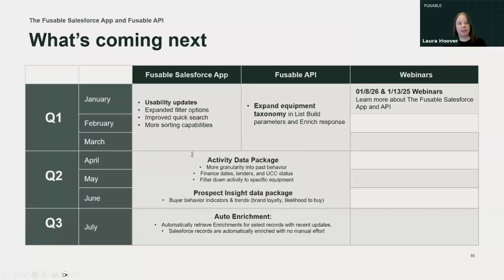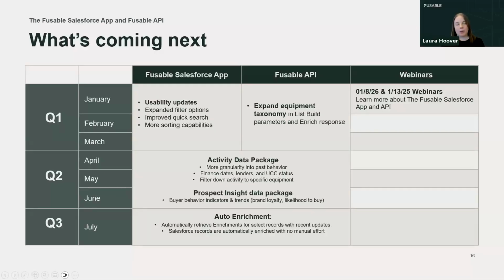We'll be following that up with some more data packages building onto those Fusable insights, delving into the granularity of activity data where you get the UCC date, their status, and the lender attached to that UCC record. And on the other end of the spectrum, some aggregated prospect insights on buyer behaviors like brand loyalty and likelihood to buy.